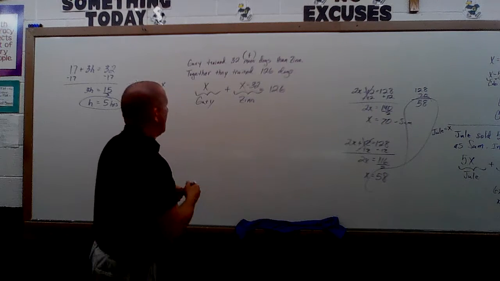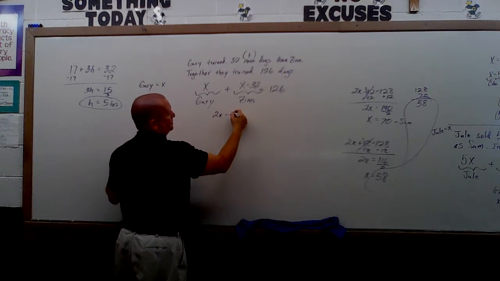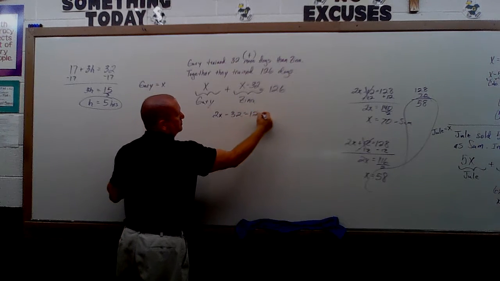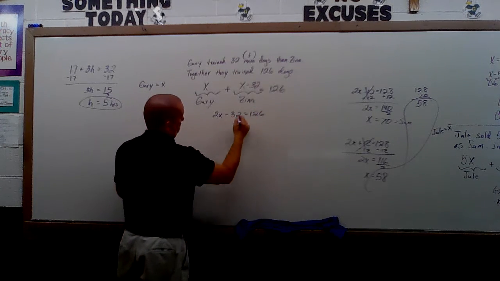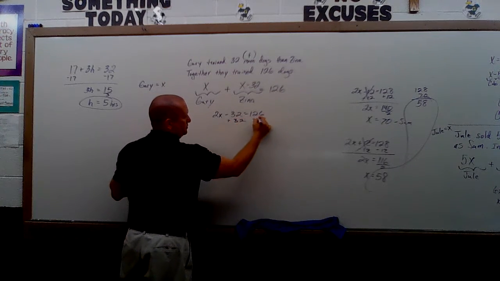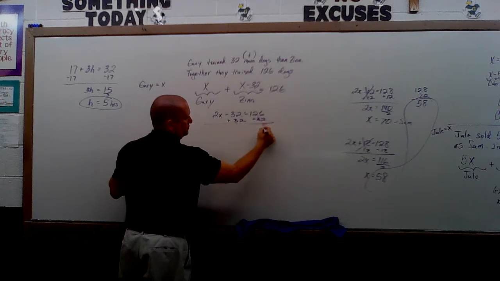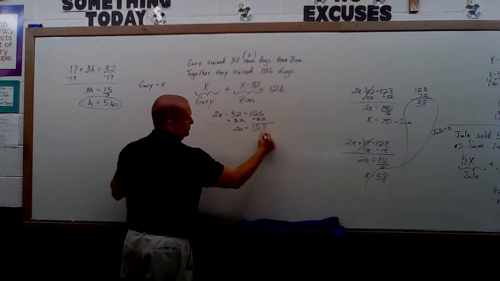Over here, I would have done 2x, right? I'm going to combine my x's minus 32. So how do I get x alone? Add 32. Add 32 first. And now, divide by 2.